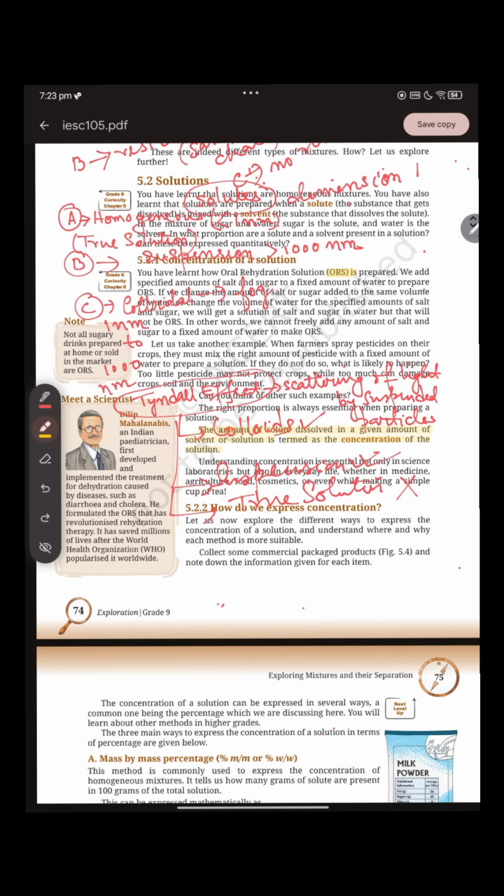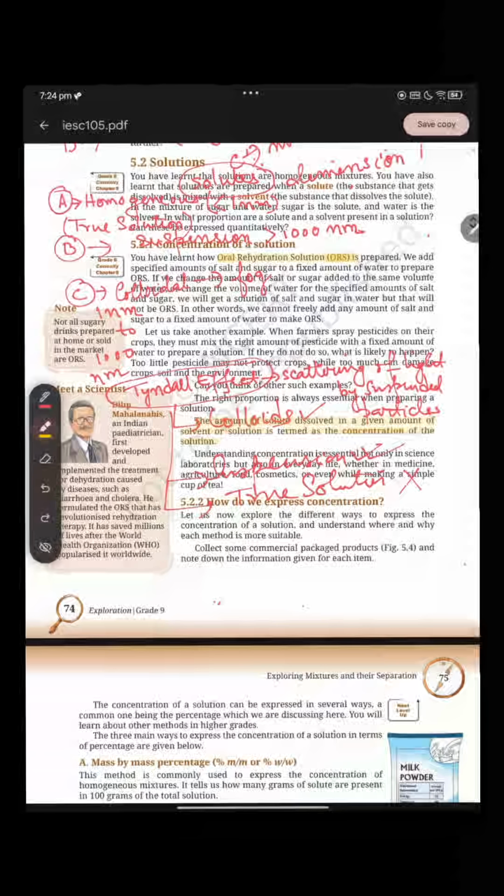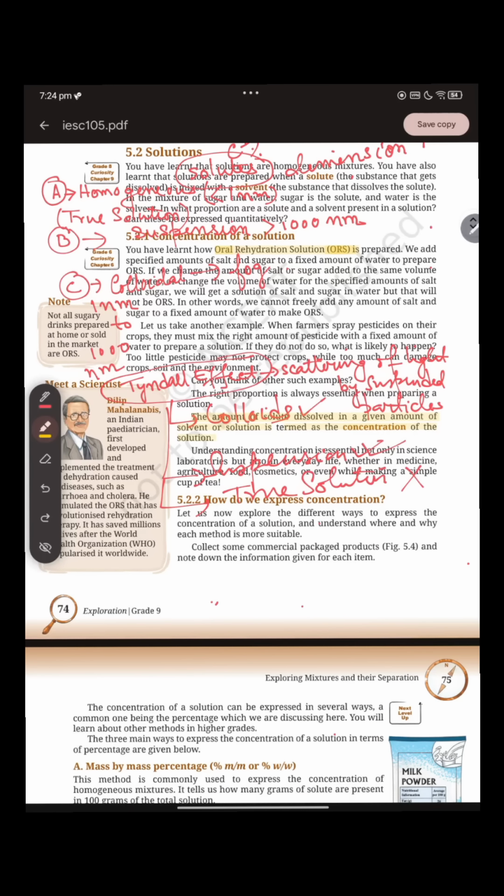I hope all of you know about ORS. When you have tremendous dehydration, this oral rehydration solution is given to you. What is the full form of ORS? Oral rehydration solution. Now, keep in mind that when we add a specific amount of salt and sugar to a fixed amount of water, then only we can get ORS. At home, when we dissolve salt and sugar in water in any amount, it is not the ORS which we are talking about.